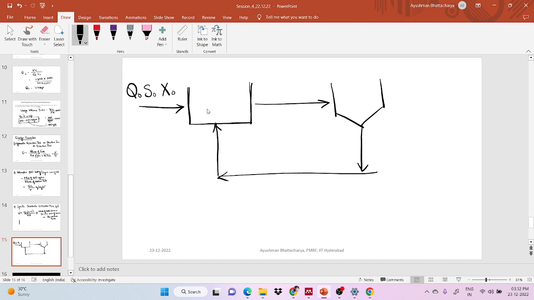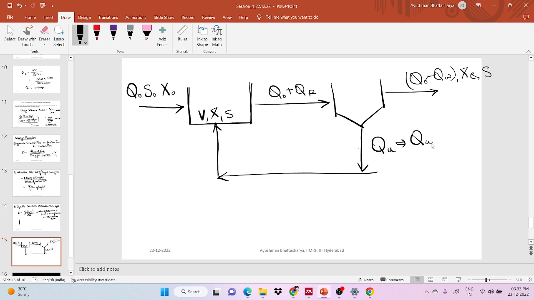Here the tank has V, X, S. Here Q naught plus QR. It is Q naught minus QW, X E, S. Here it is QU, which is equivalent to QW plus QR.